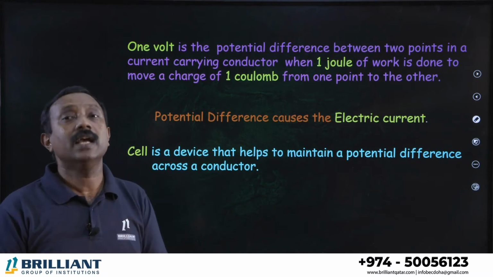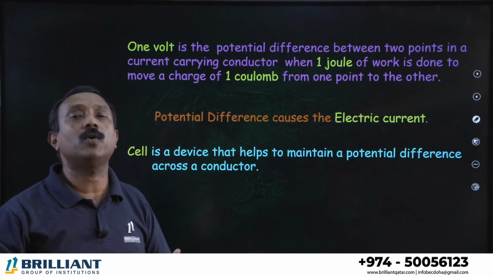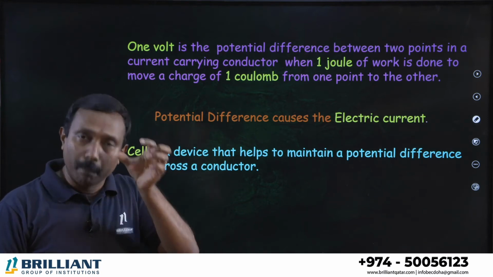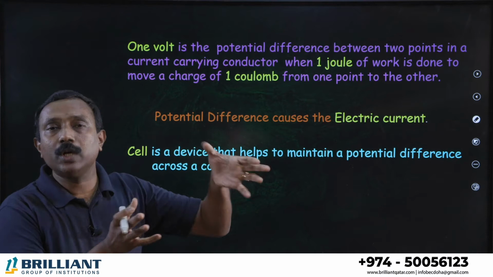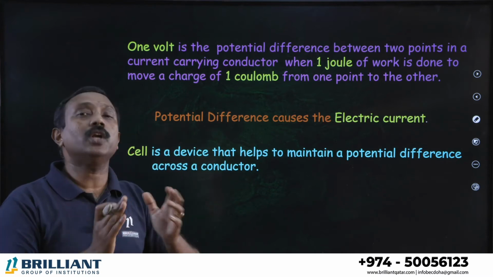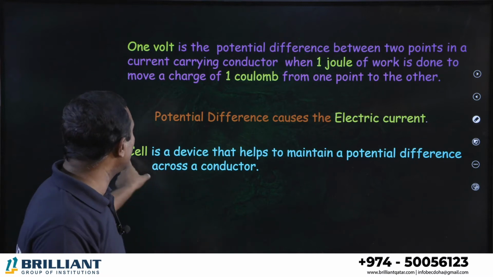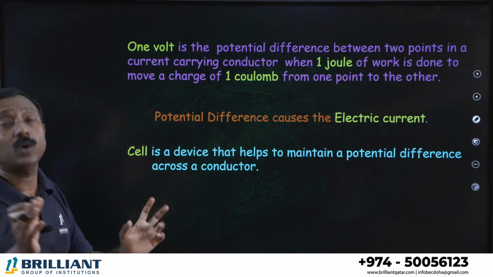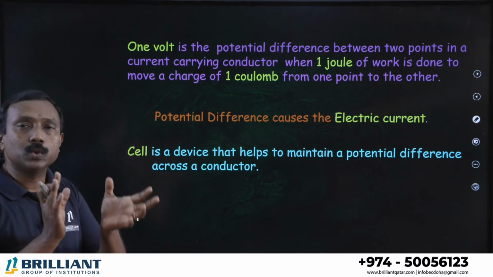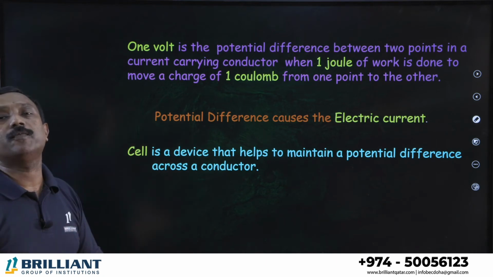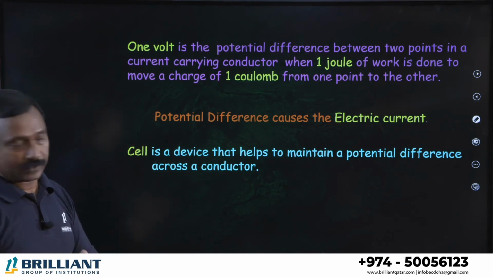In every circuit, if you want a continuous flow of charge, we should maintain a constant potential difference. In DC circuits, it is usually maintained by connecting a device called a cell. So, the cell is a device used to maintain the potential difference inside the circuit.